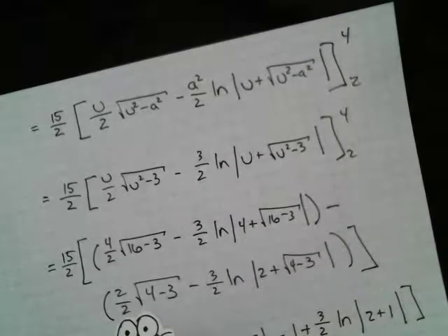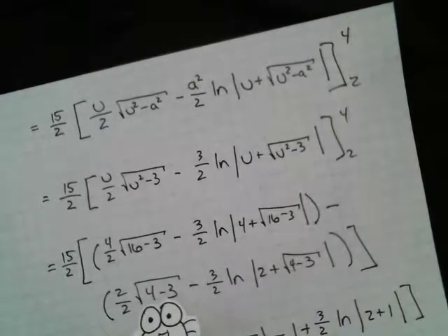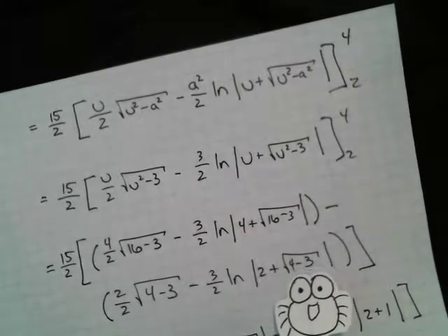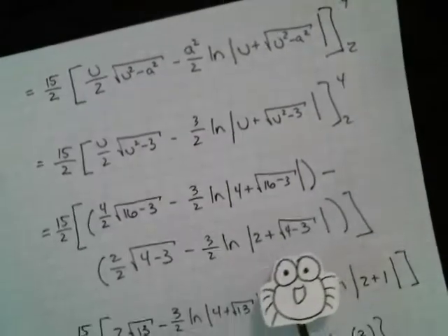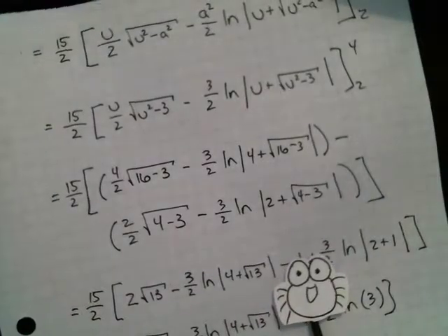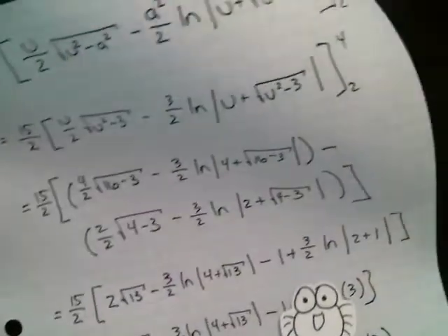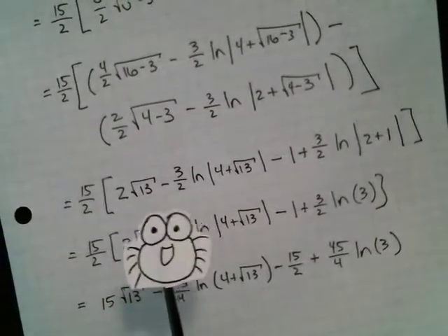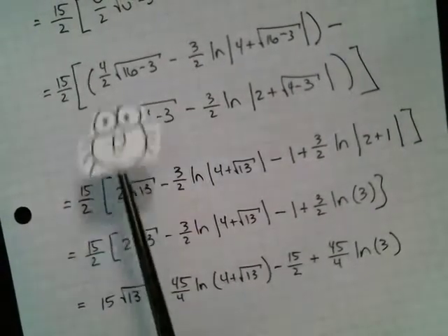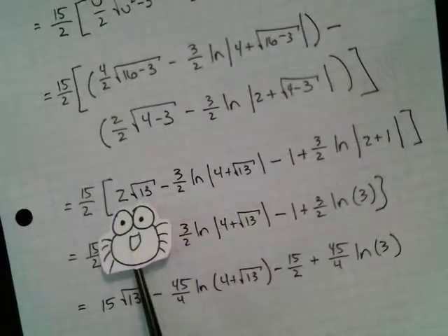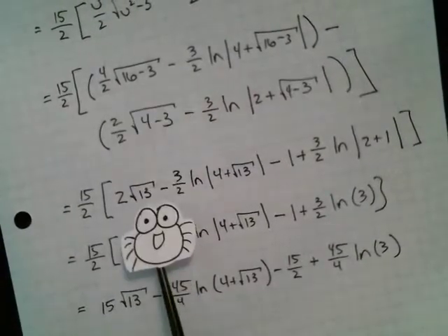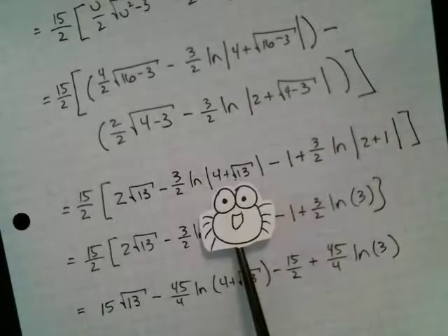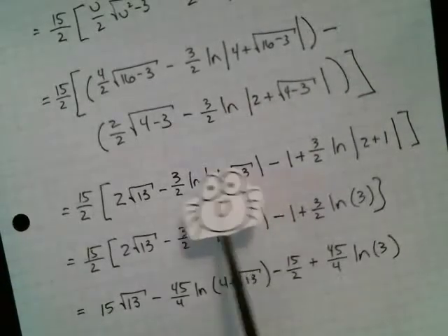I've got 2 over 2, since u is 2, 4 minus 3, and then in here u is 2, and u squared is 4. And then at this point, it's more accounting than mathematics, because we're just going to be evaluating these values. I simplified 4 over 2 to be 2. 16 minus 3 is 13. There's not really much I can do with radical 13, so I leave it there.